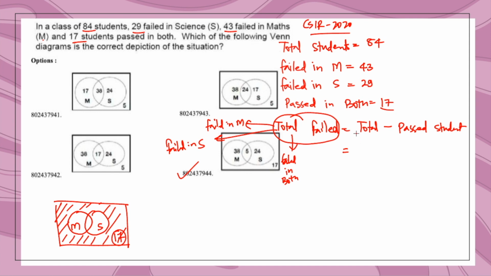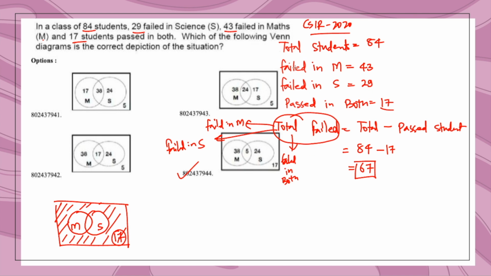So I am subtracting from the total, that is 84, those who have passed in both subjects, that is 17. This gives me 67. So 67 is the number of students who have failed. It includes those who failed in maths, those who failed in science, and those who failed in both of them.